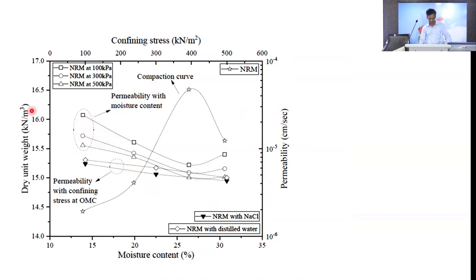So there is a change of permeability with moisture content, which reduces on the wet side of optimum, and it also reduces with pressure. So it is not only dry of optimum; it should be on the wet side of optimum if permeability is required. And you also have to see what pressure you can simulate in the laboratory.